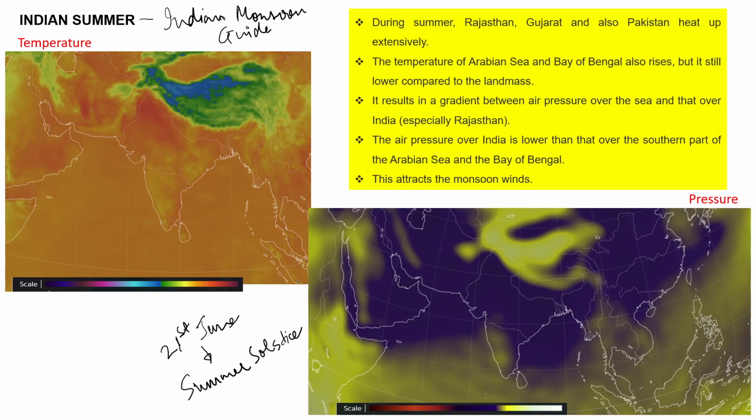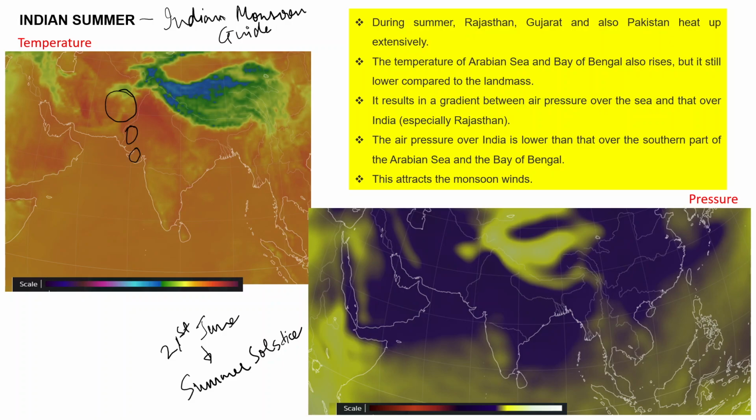So during this time, the sun is at its highest point in the northern hemisphere, and at that particular time, the heating of the Indian landmass increases the temperature so much that the entire Indian subcontinent develops a low pressure zone. So during the summer, the states of Rajasthan, Gujarat, and then Pakistan, all these areas heat up extensively.